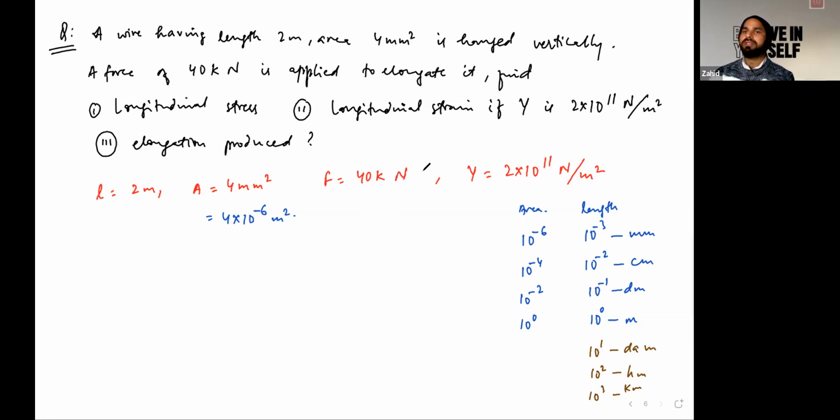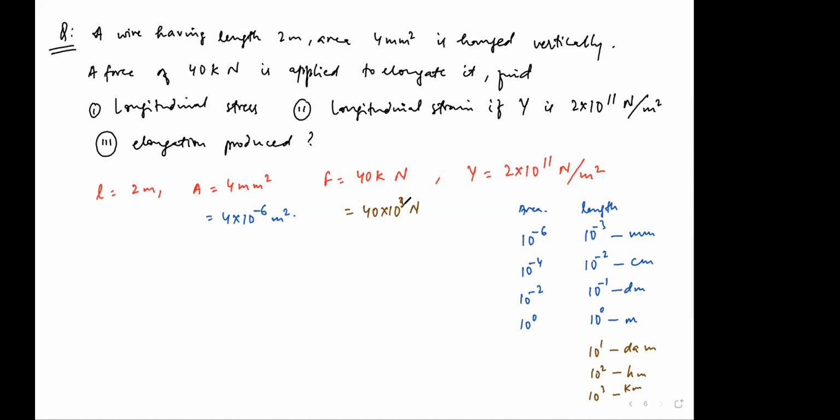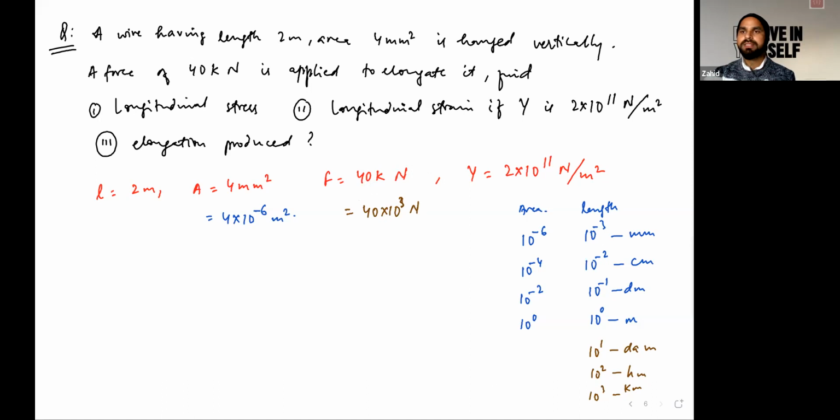Kilonewton is not the SI unit of force; Newton is its SI unit. So we have 10 to the power 3, just multiply by 10 to the power 3 to convert into Newton. Prachi, is it clear? Yes, sir. Okay, now apply the formula, put all the values and simplify it.